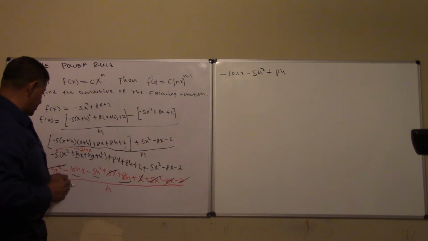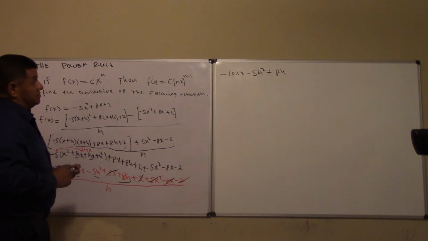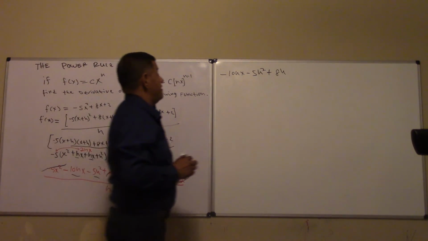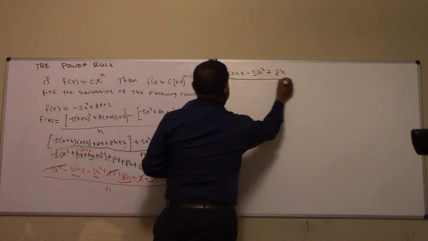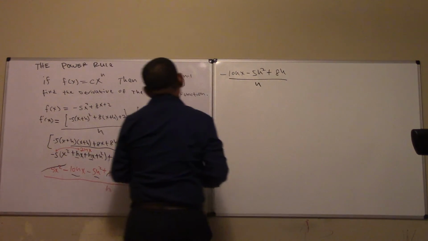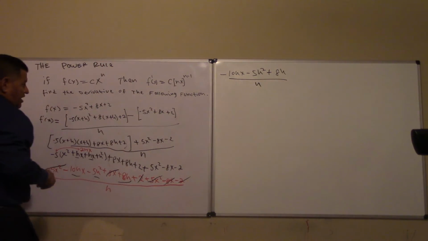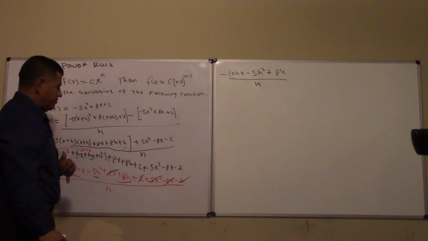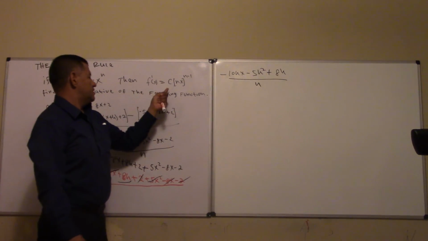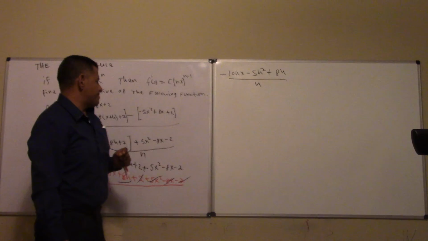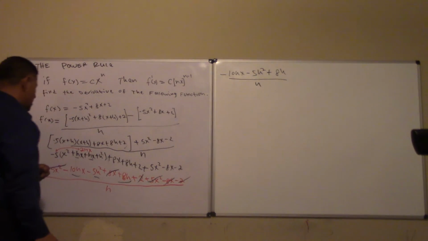Yeah, so those are the 3 terms that I need to have on the top. And on the bottom I should have simply h, right? Okay, so we're just doing this problem, right? The book wants me to use the rule, but I am doing the definition of the limit.